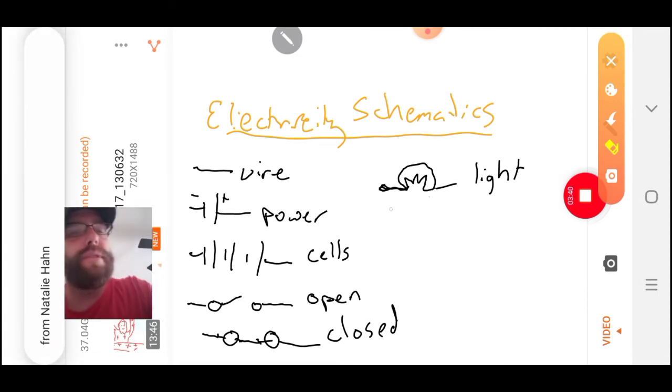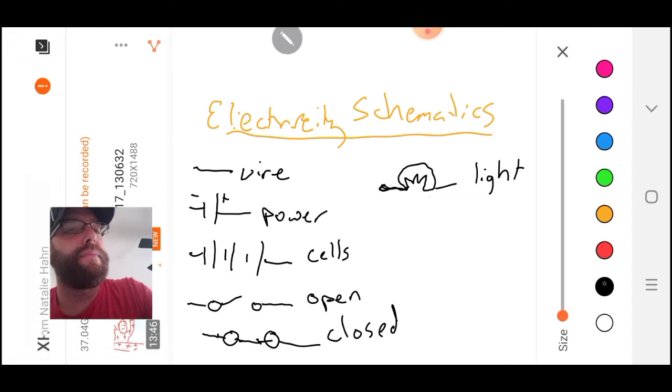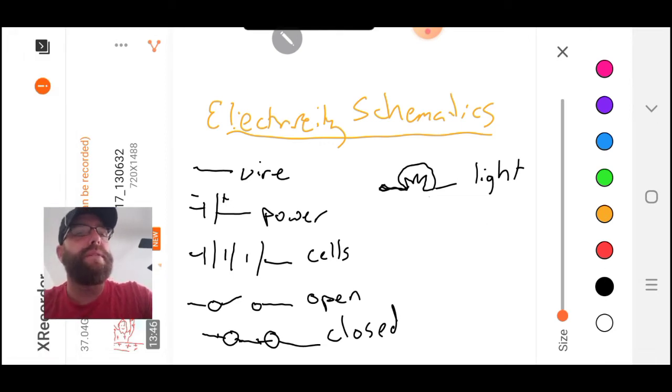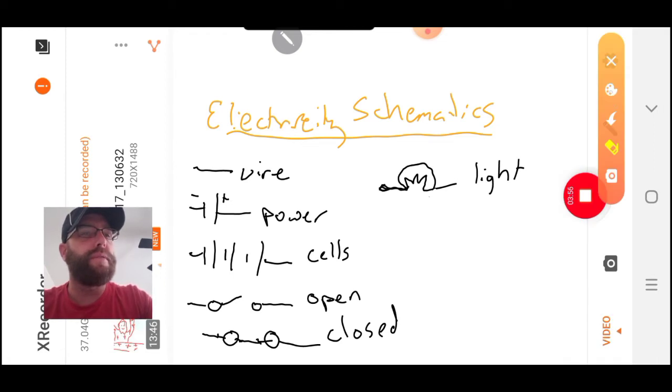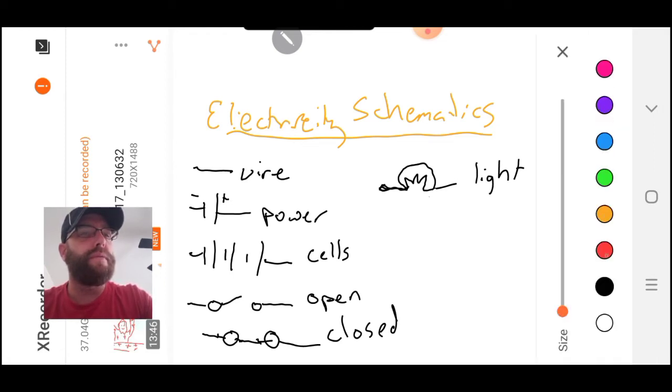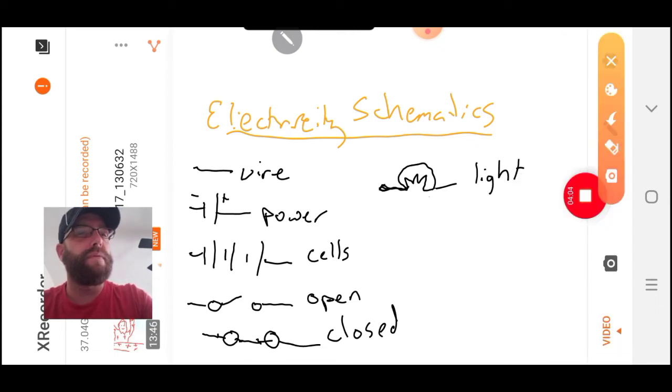The next one you have is a resistor. Now we haven't talked about resistors yet, but a resistor is going to be like that. Hold on, my marker's not working for some reason. There we go.